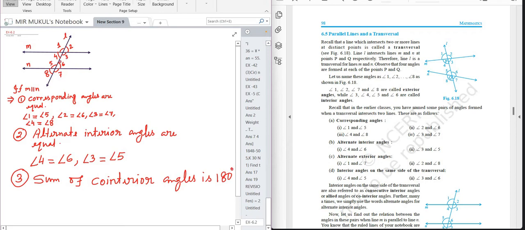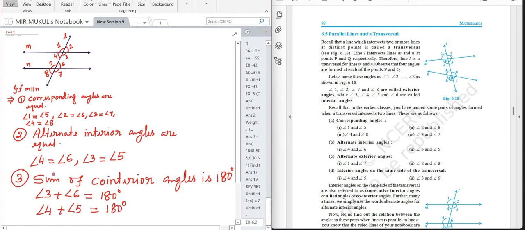Now, co-interior angles: interior means inside, co-interior means on the same side of the transversal. We are getting angle 3 and angle 6. The sum of these two angles will be 180 degrees. If we consider angle 4, then angle 5. Angle 4 and angle 5 will be co-interior angles. Its sum is 180 degrees.